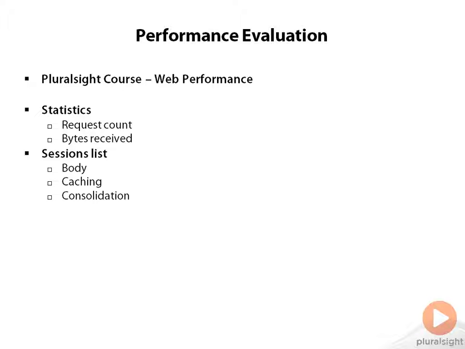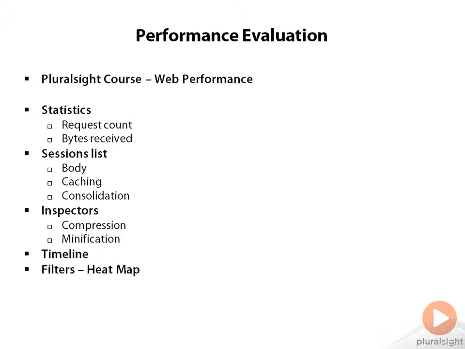We can see things such as are things cached or not. We can see whether files are being consolidated. The inspectors can help us see if we're using compression effectively. Are we taking advantage of minification of JavaScript and CSS files to remove white space? We can also use the timeline feature to give us an outline of what the requests look like for each of these.